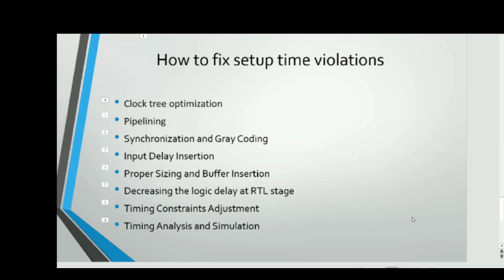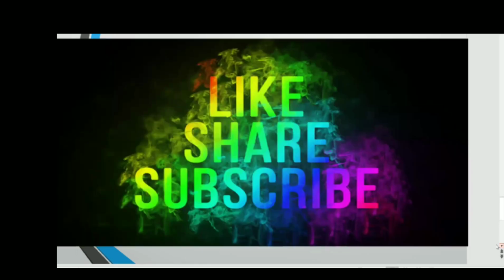For that, we can also go for the asynchronous FIFO because it uses gray code encoding techniques. And we can also go for gray code technique, which can be used to reduce the instability. So the chances of your output going into a metastable state are reduced, and thereby you can reduce the setup time violation.